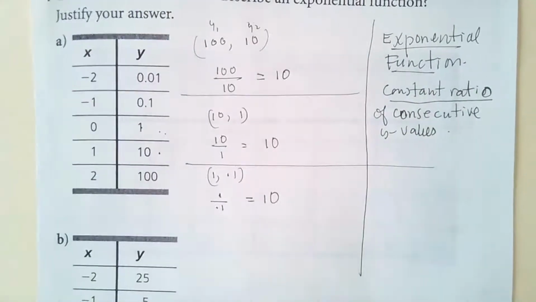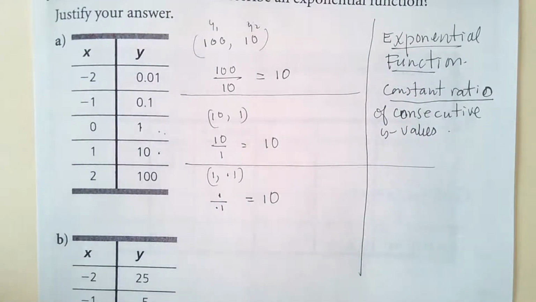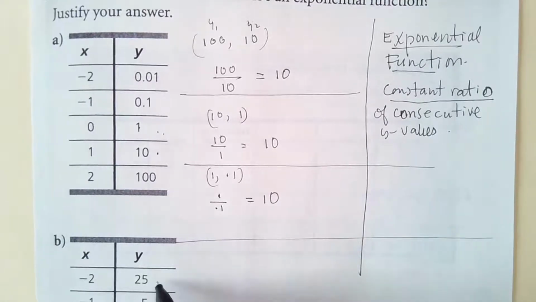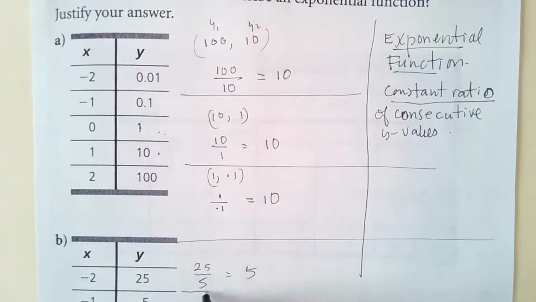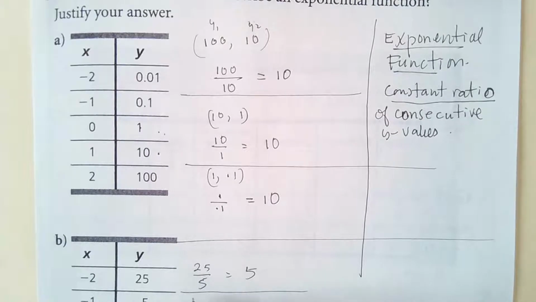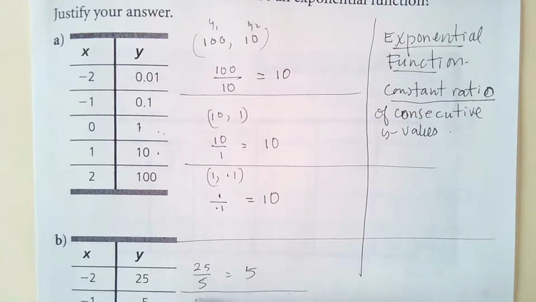First one is exponential. Let's look at the next one. Apply the same rule. We can use 25 over 5. This is 5. And we look at the next one. We have 5 divided by 1 is 5. Go to the third one. We have 1 divided by 0.2, which is also 5.